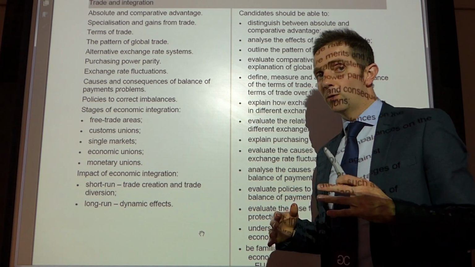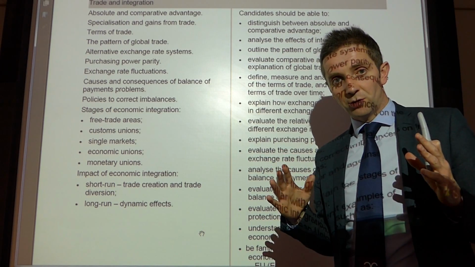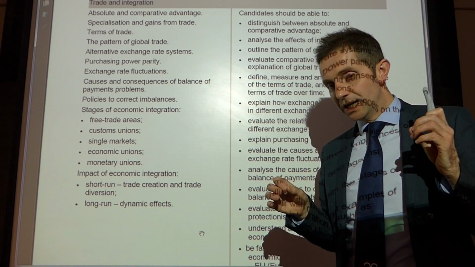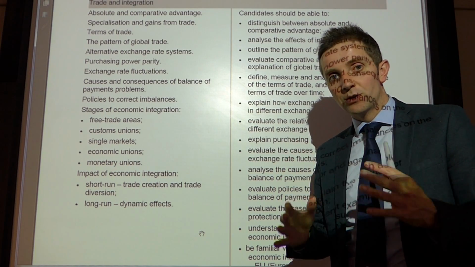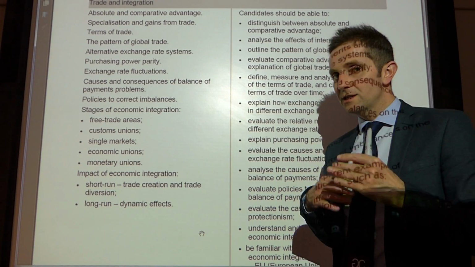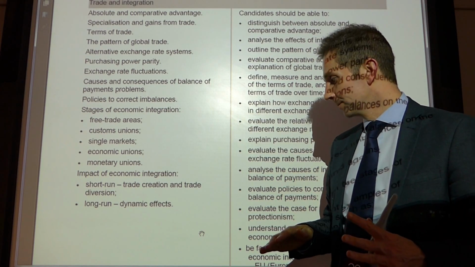And as you'll know, of course, a nation's currency can be manipulated in order to correct a current account imbalance. And again, this is something which I've discussed in previous videos, so I'm not going to discuss that here.